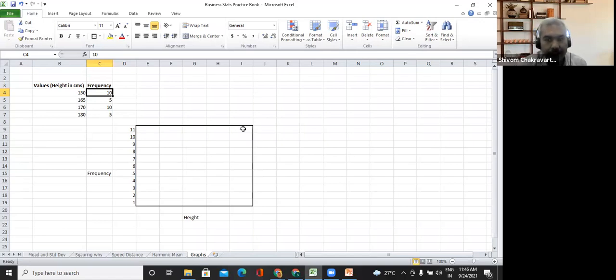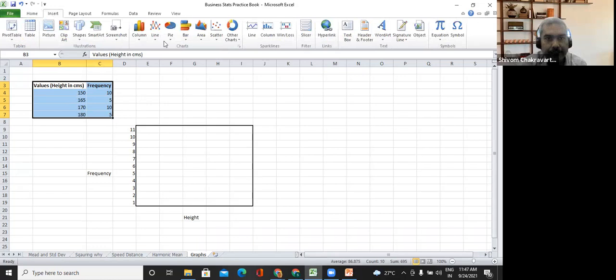After that, there is one more thing to be done in a histogram, which is drawing a curve.